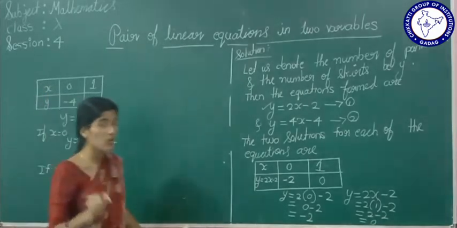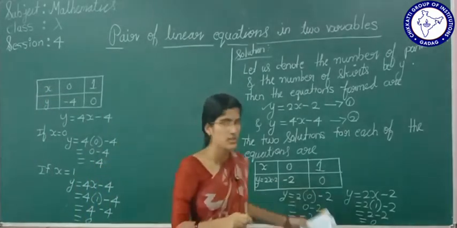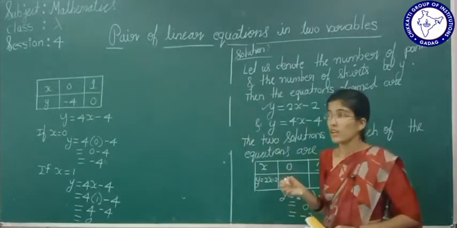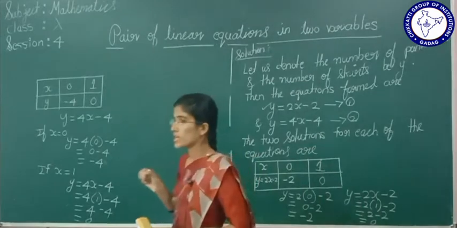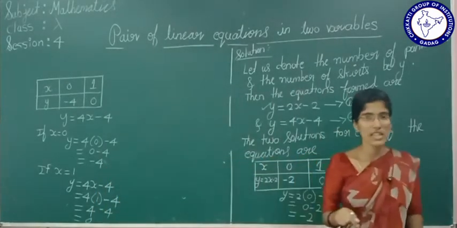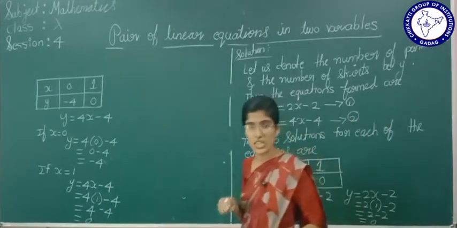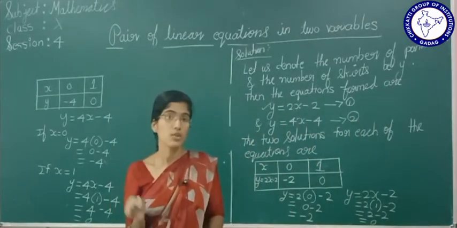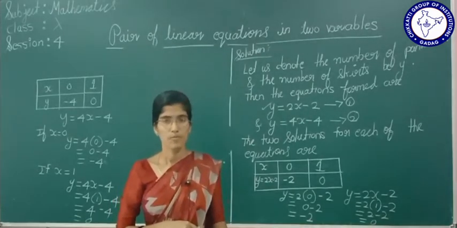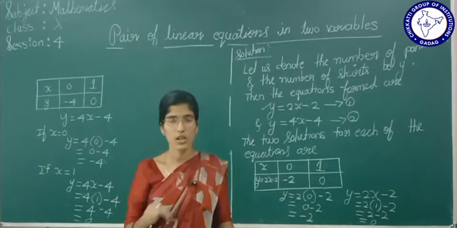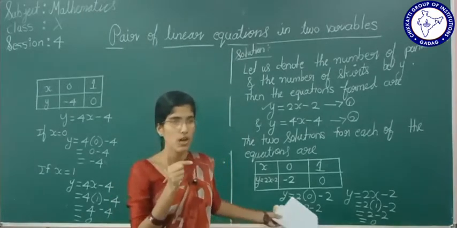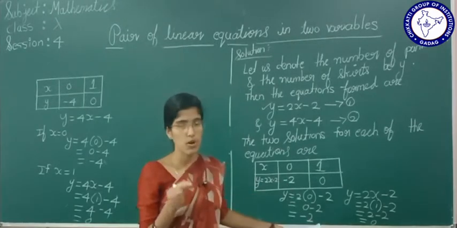See here, there is no rule that you have to take only 2 points. You can take more than 2 also, because we know that if you plot a linear equation in a graph, the graph will definitely form a straight line. For a straight line, 2 or more points are enough to draw it. To draw a line we need at least 2 points, not 1.